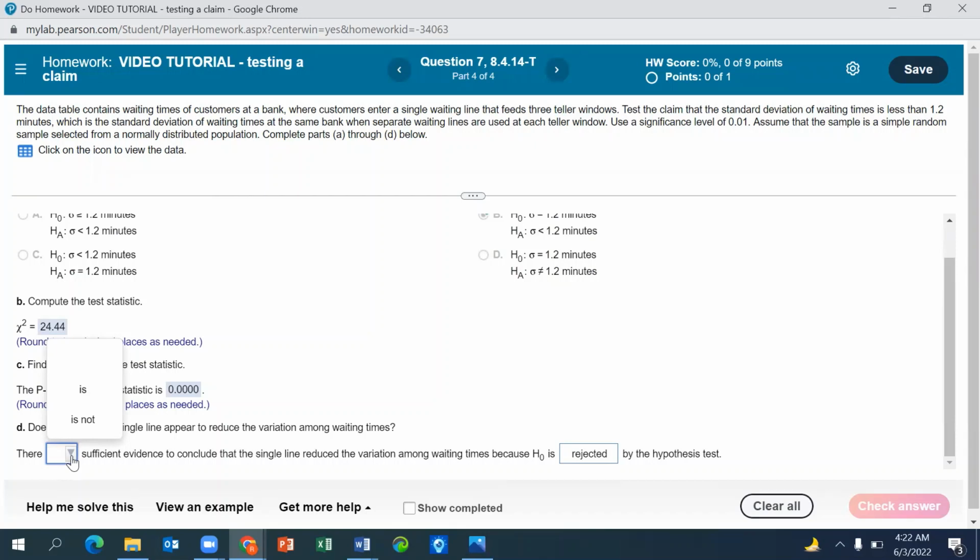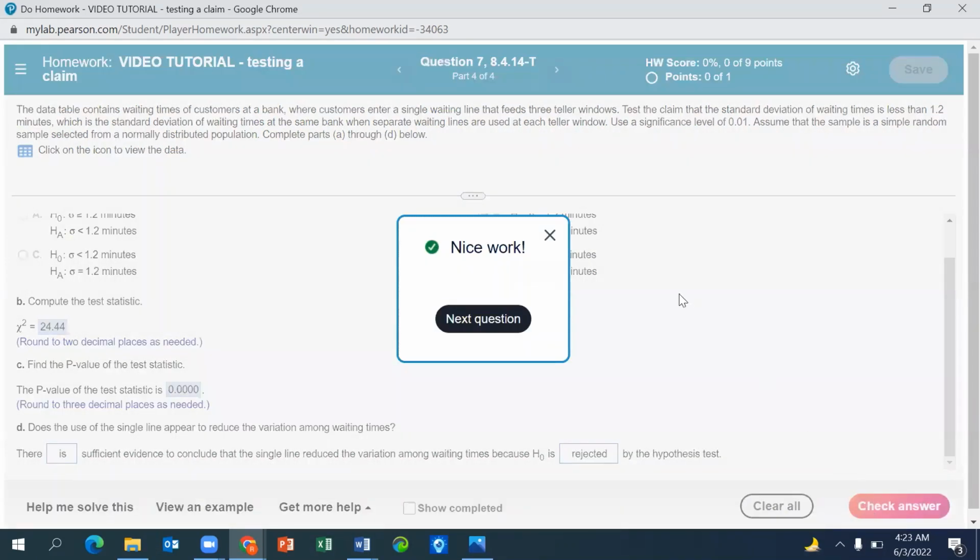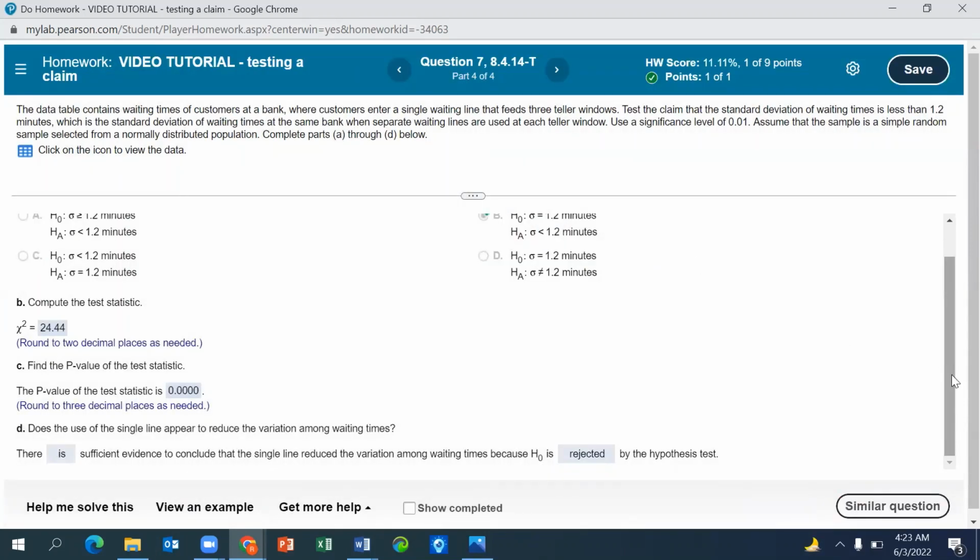Yes, it did reduce the variation. Remember, standard deviation is a variation. So there is sufficient evidence to conclude that the single line reduced variation among waiting time, because the null is rejected. So let's check our answer. And that's our correct answer. And here's an example of how to test a claim.